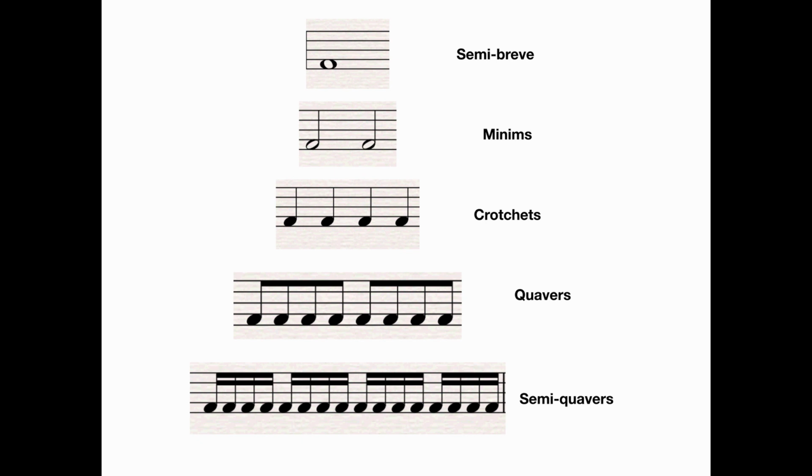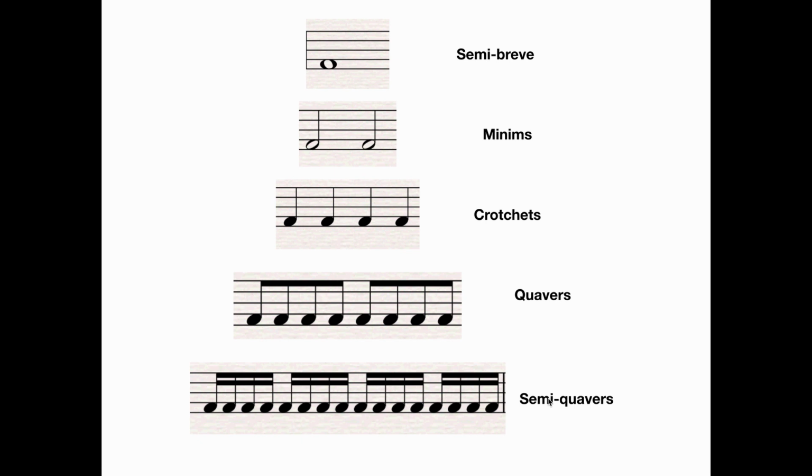So we're saying a crotchet is 1 beat. So a semibreve is worth 4 beats. Each minim is worth 2. So these are now 4. Each crotchet is worth 1 beat. Quavers worth 1/2 a beat. And semiquavers worth 1/4 of a beat. Okay.